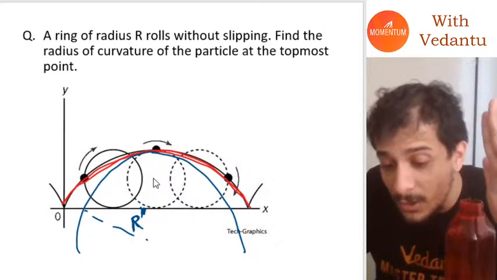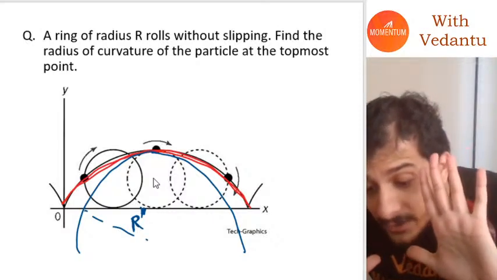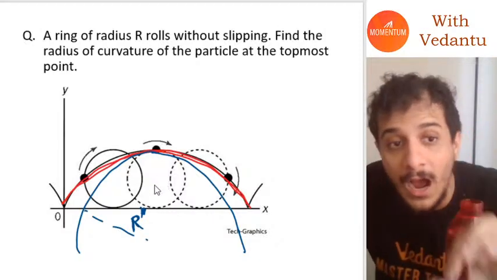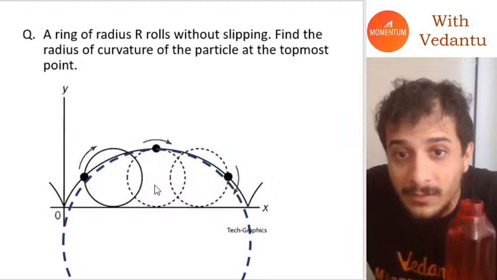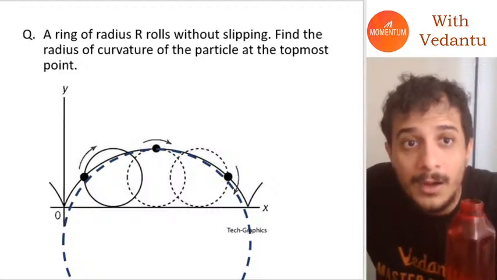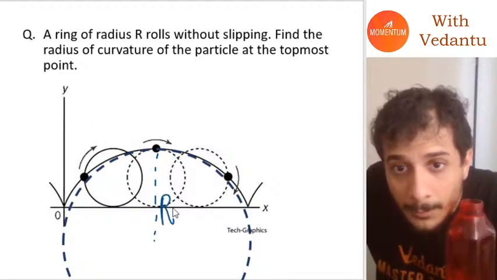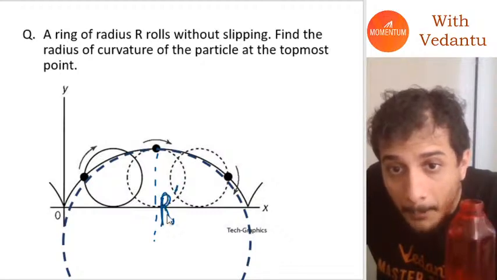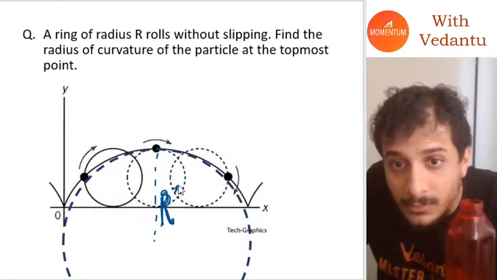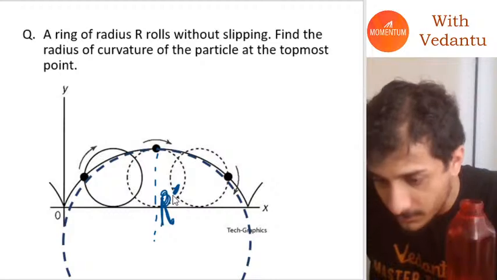Now that value will not be equal to r, it will be some other value, let's call it r dash. This circle is supposed to represent the tangent to the path, not tangent to the circle. I hope everybody understood.